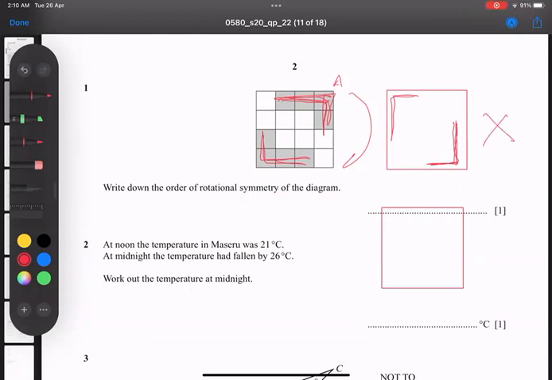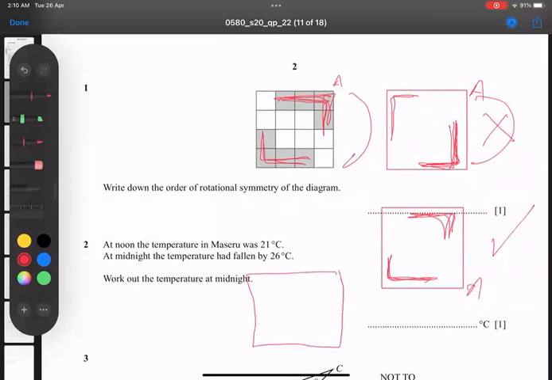Again, rotate, for example, this A comes here. Then this L shape will come here, and this L shape will come here. So if you compare this with the original diagram, it matches. I will count it as 1.